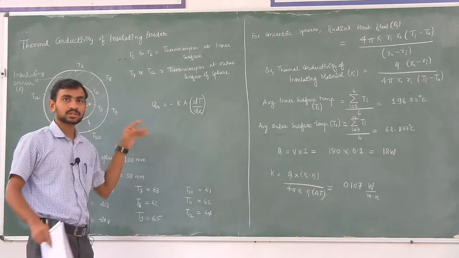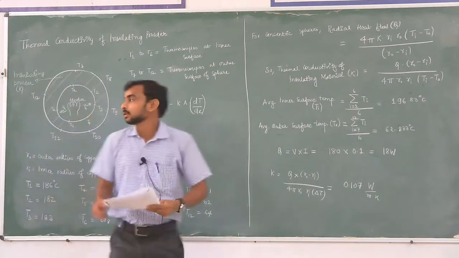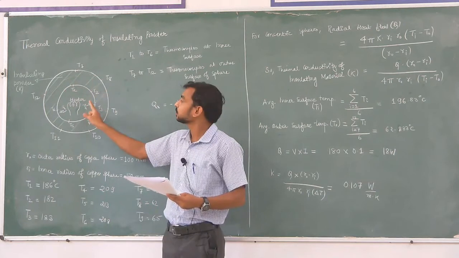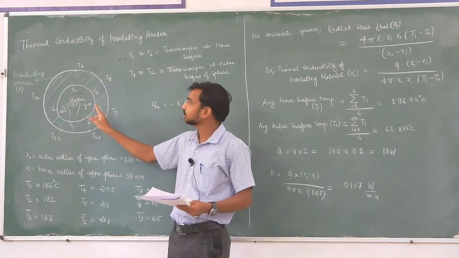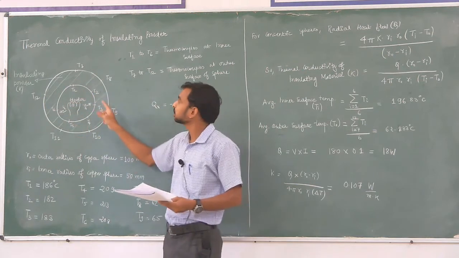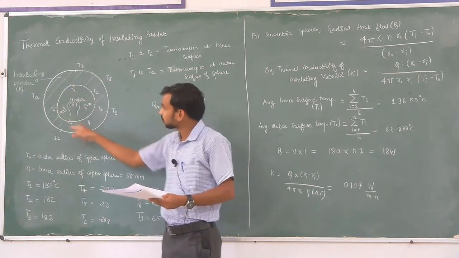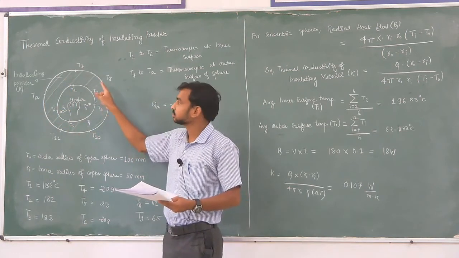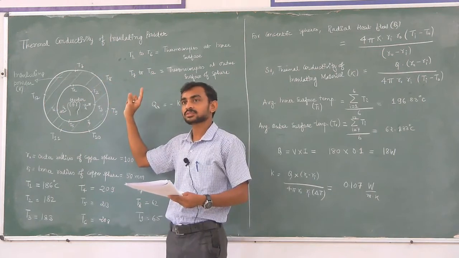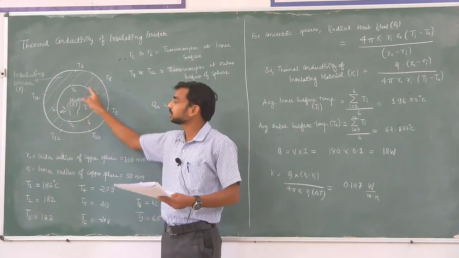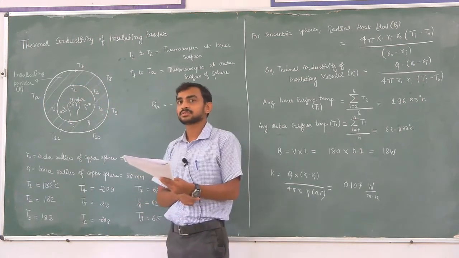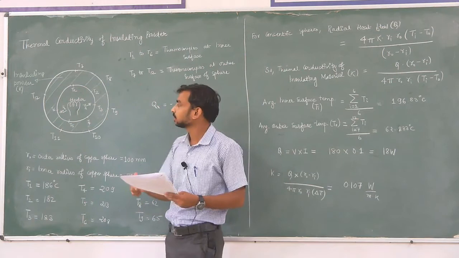So, let us just summarize. There are 2 concentric spheres, inner and outer, and 6 thermocouples separately placed in the inside and separately in the outside. The average of the thermocouples at the outside gives the mean outer surface temperature, and the average of the inside thermocouples gives the average inside surface temperature.